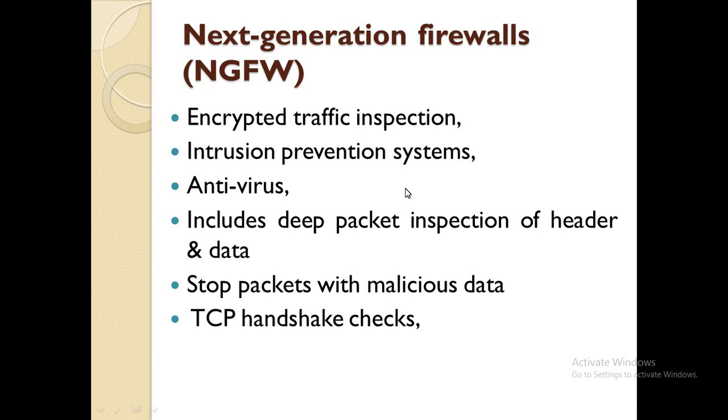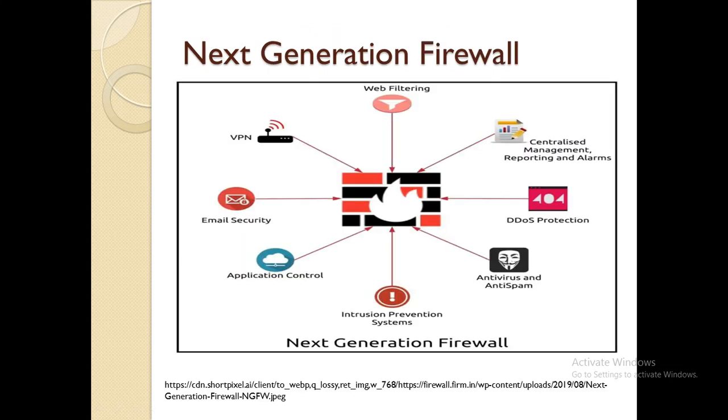So the next generation firewall is a combination of more measures for making a better connection between trusted clients and the network. This is the best firewall we can consider nowadays. Looking at the diagram, we see our firewall has various systems, like the intrusion prevention system.